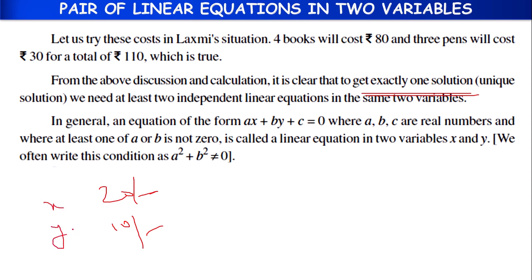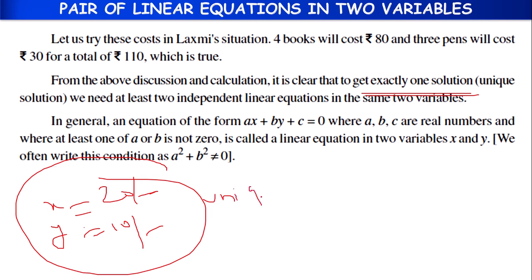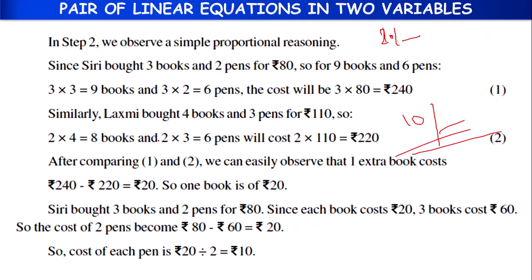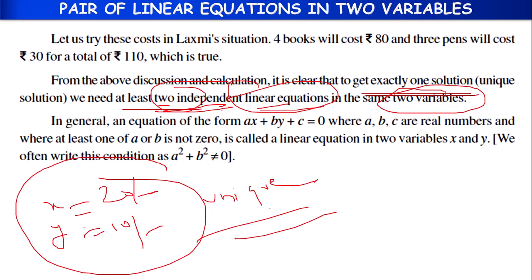For 2 variables, we have got the unique solution. Why this happened? Because of 2 independent linear equations. As we have 2 independent situations having the same two variables, same notebooks, same pens, we are able to solve the 2 equations and get a unique solution.